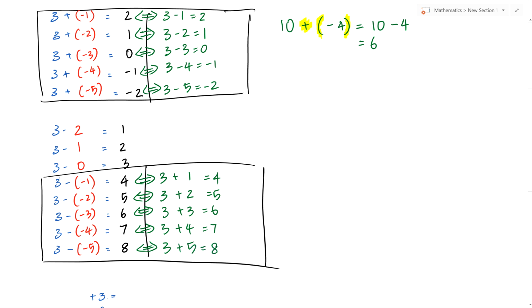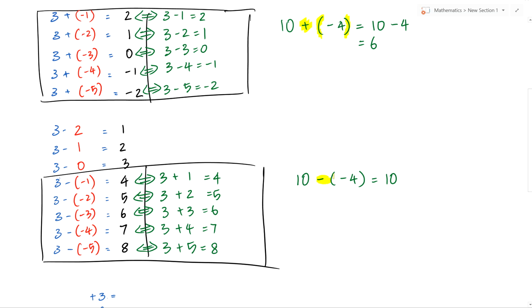Again, we see a pattern forming. When we take a number and subtract a negative number, apparently it is the same as adding those two numbers up. So let me illustrate with an example. Let's use 10 minus negative 4. This is going to be the same as copying down the first number, which is 10.